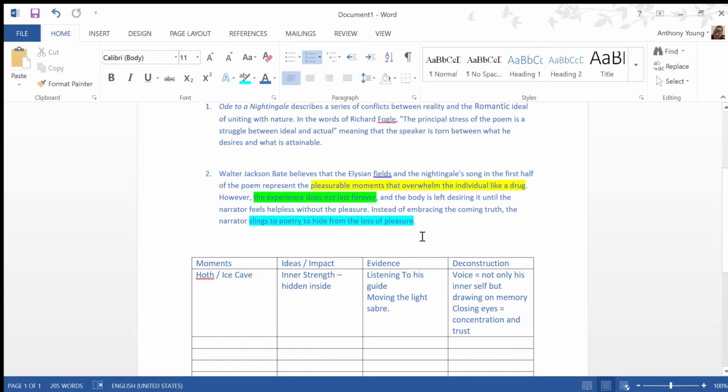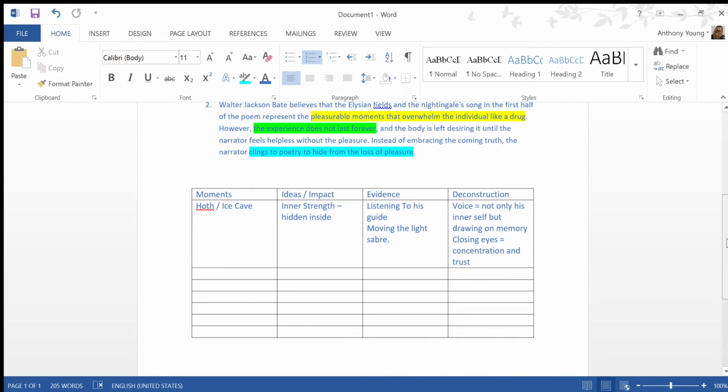two ideas working together. So all that changes here in this table, you still use a table with the same headings, but all that would change is that this column and this column will change places. So all I'm going to do is come up with perhaps the ideas that I want to deal with in the sequence that I want to deal with them, and then connect them to the moments.